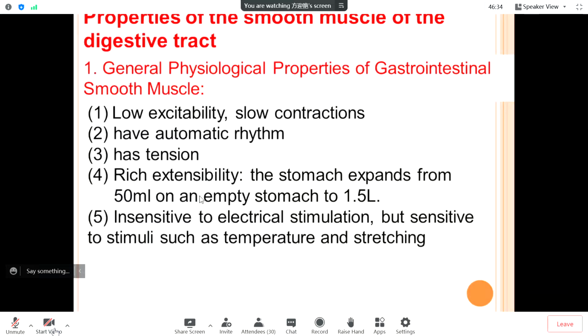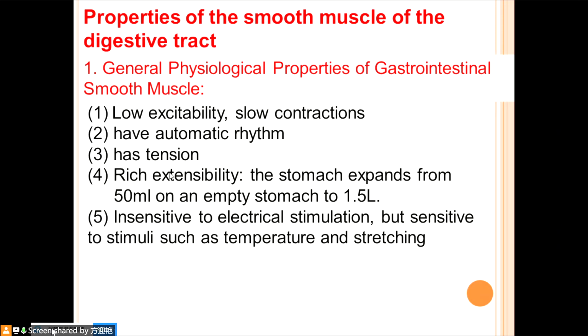This shows that gastrointestinal smooth muscle has high extensibility.